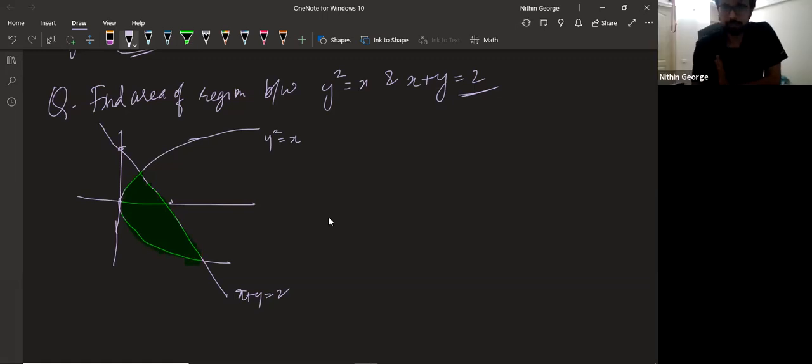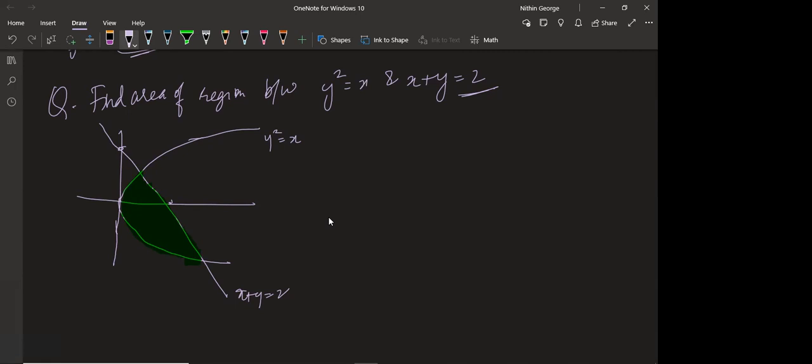So, easiest way to do this would be what? Okay, how do you do it in upper minus lower method? Sir, just find the limits, sir. y is equal to 2 minus x, and then you substitute that in y square is equal to x.